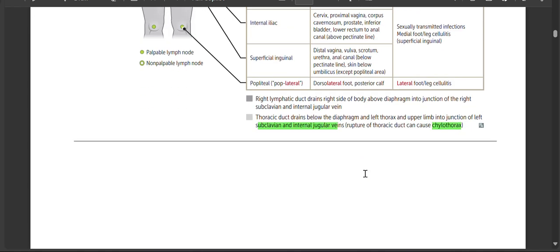Now, a couple of questions here. One, what do you think is the reason why we call this chylothorax? Why chylo? I know that chyle is the word root for lymphatic fluid.